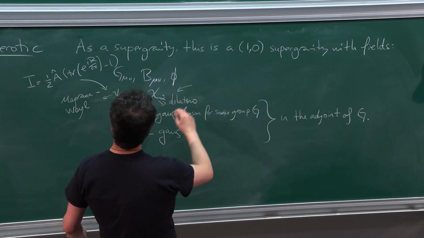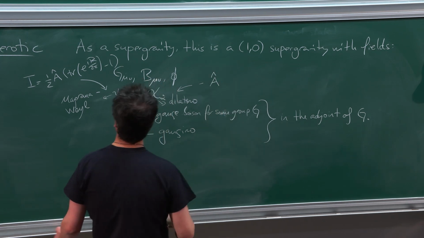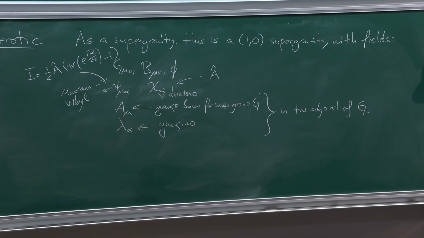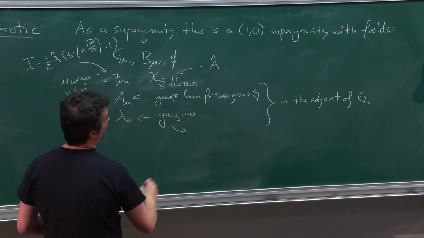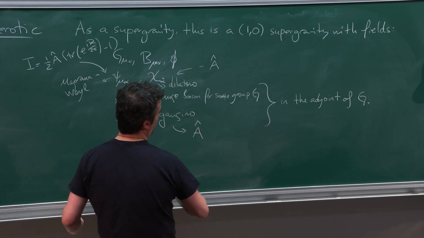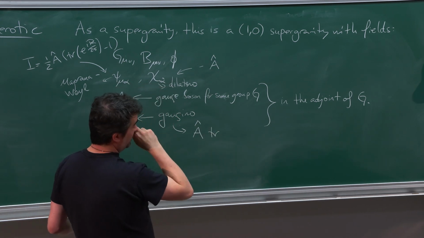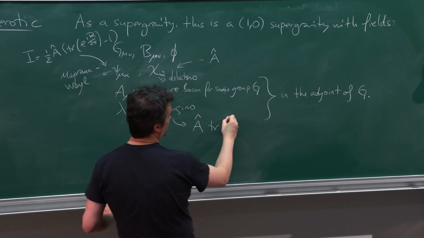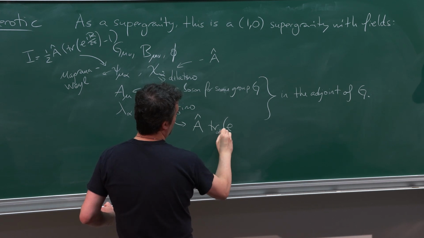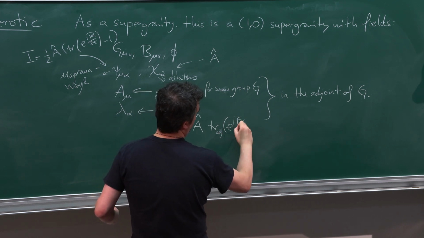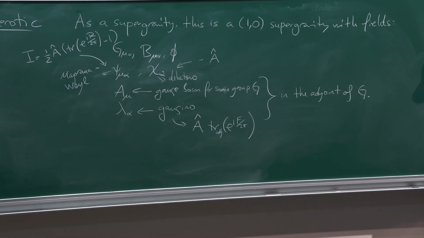The dilatino is, as before, just a fermion with opposite chirality, so this is going to be minus A-roof genus. And the gaugino genus is interesting. These are positive chirality, so A-roof genus, and then these are charged in the adjoint representation of the group. So this is going to be trace in the adjoint representation of e^(iF/2π). Okay, so this is the local anomaly.